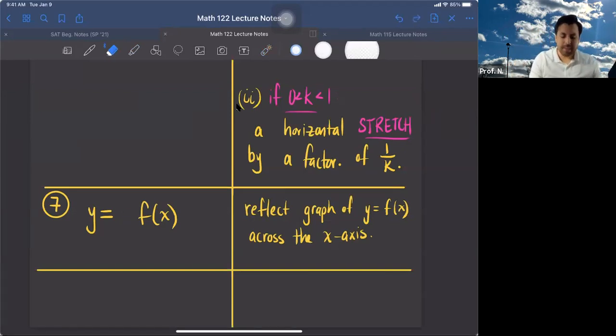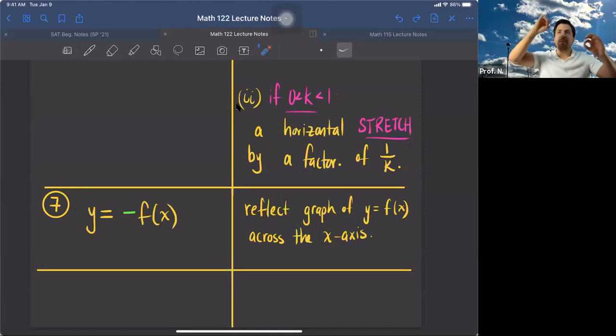Now, the moment I put that negative sign there, what am I doing? I'm saying, for every x value that I originally had, with the corresponding y value, negate all of the y values. Take all the y values from your original function and negate them. So you're flipping the sign of the y values.